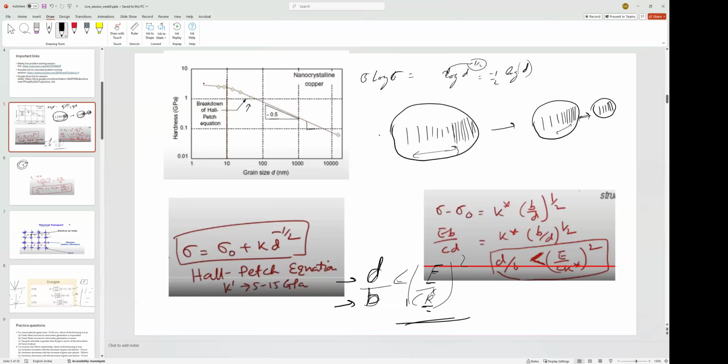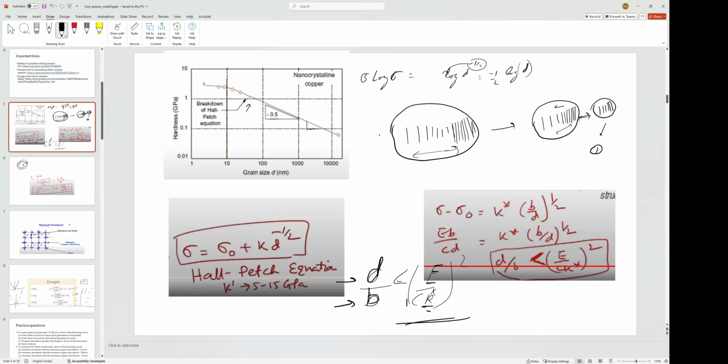However, after a certain point, if you go even smaller, now only one single dislocation can exist. Now you cannot generate another dislocation. So at this point, there is nothing here, no dislocation piling up.